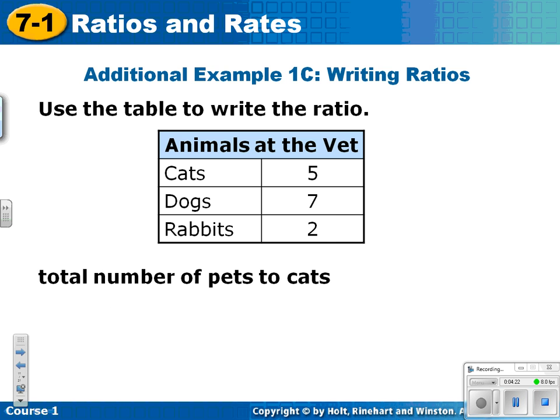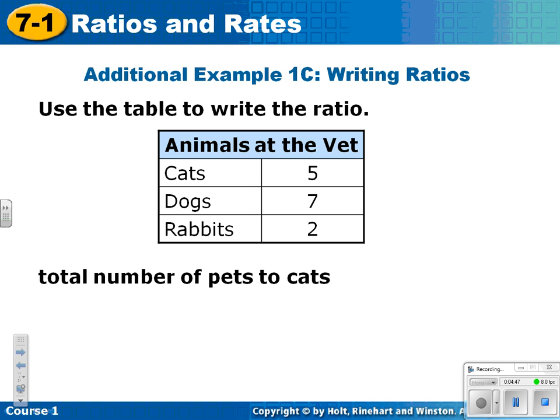Total number of pets to cats. Karina. Order matters. What does it say first? 14 to 5. We have to say the total number because it says total number of pets to cats.